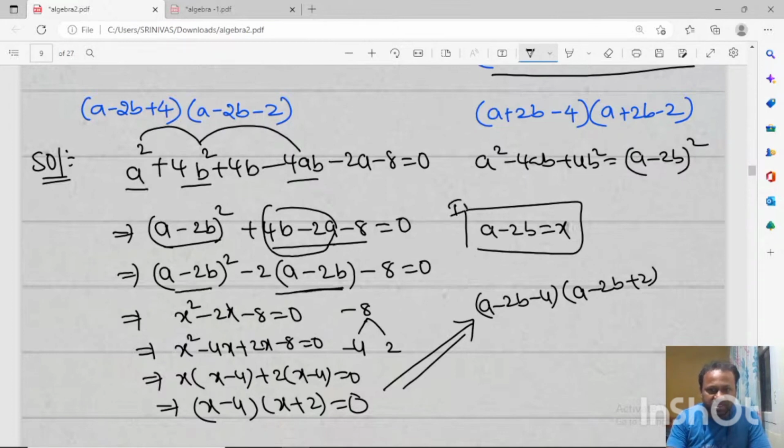A minus 2b is equal to x I have taken. So simplify and substitute. Okay, so this method is also important.